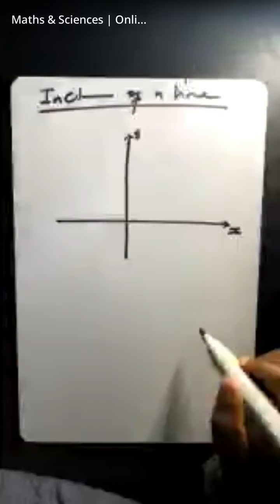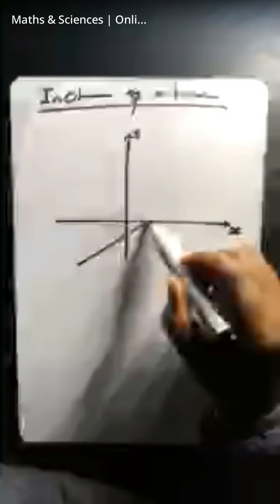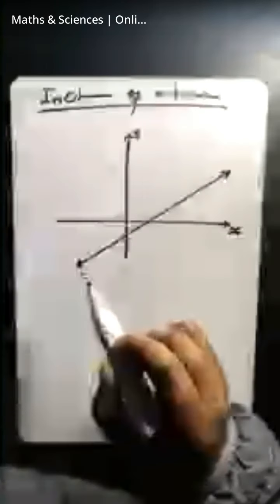It can be simply explained making use of a straight line drawn on a Cartesian plane.